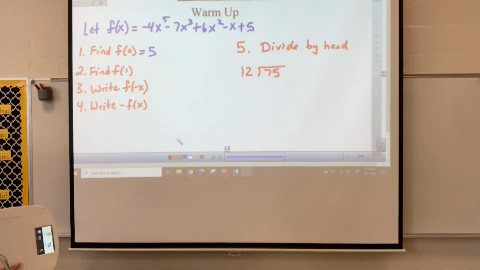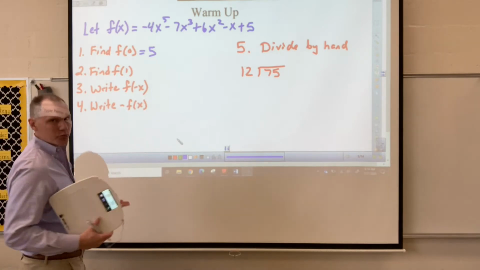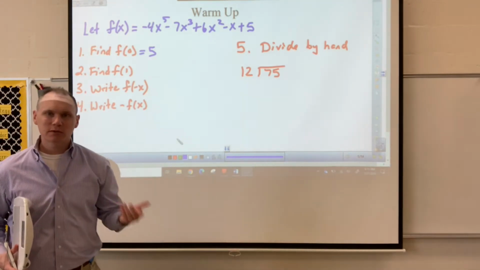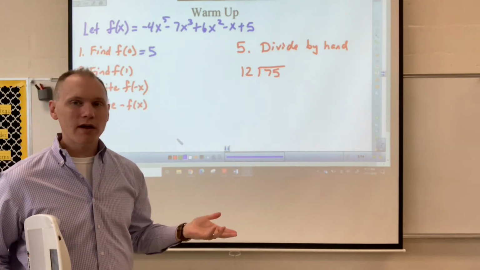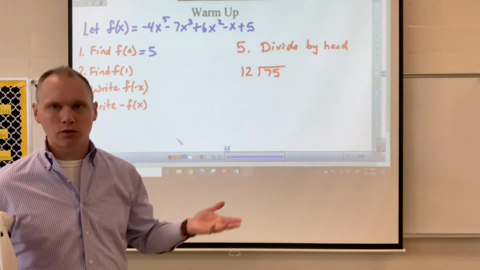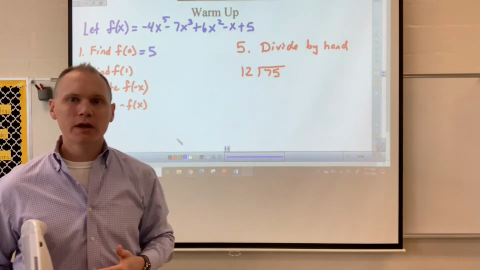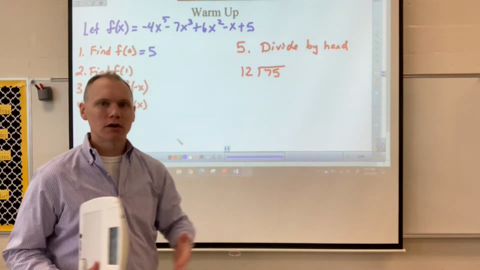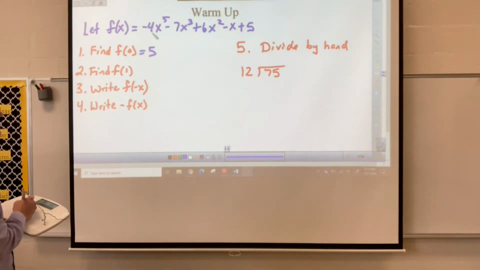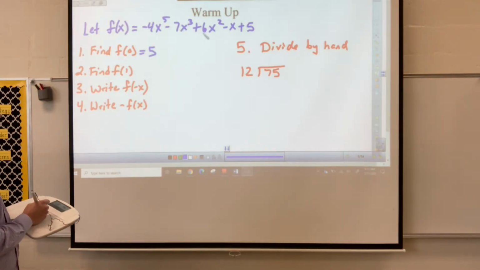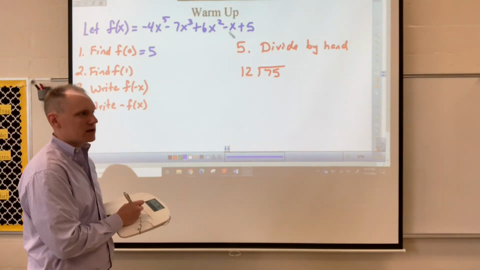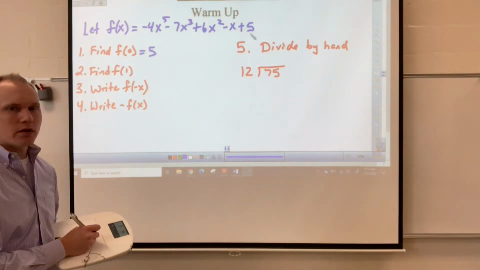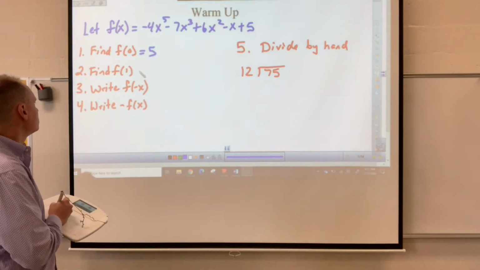All right? Number 2, f of 1, this is a special property about polynomials. If we substitute 1 in for every value of x, because 1 to any power is still 1, what we're left with is just the sum of the coefficients. So I can do this mentally. -4 and -7 is -11, plus 6 is -5, minus 1 is -6, plus 5 is -1.